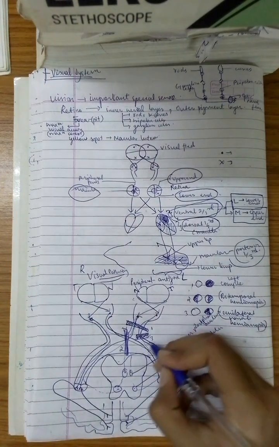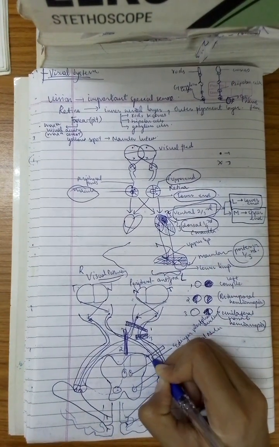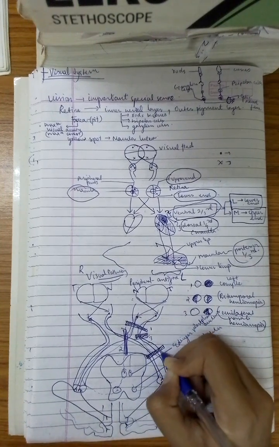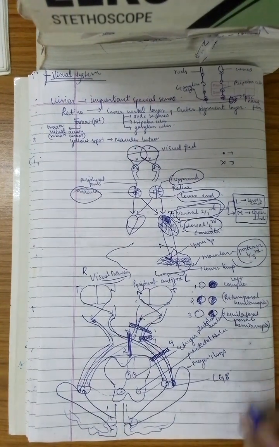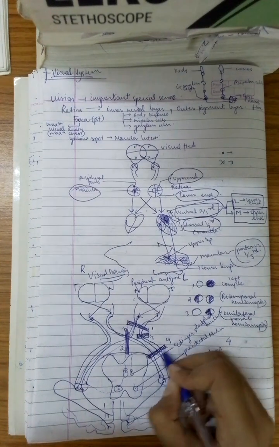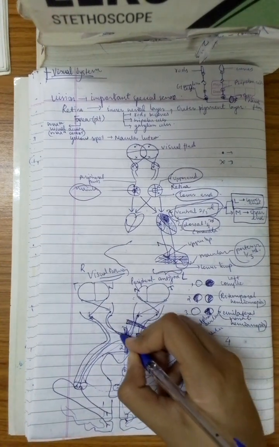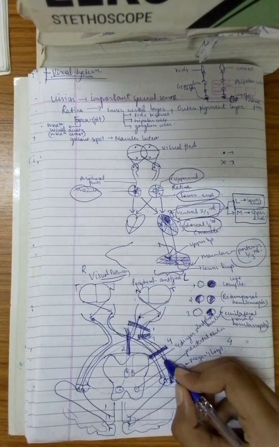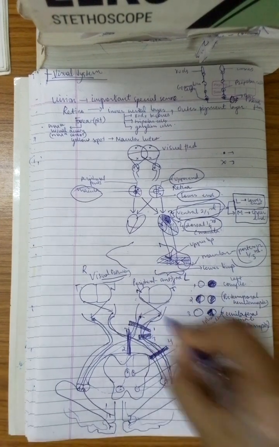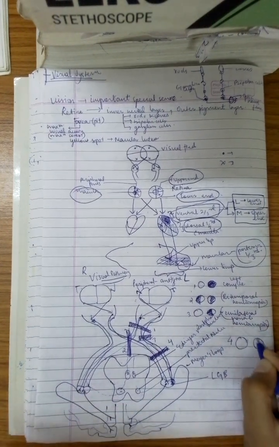And then the fourth one is over here. What happens to the fourth one? Here the nasal fibers of the opposite eye are affected and the temporal fibers of the same eye are affected. So you will draw like this.